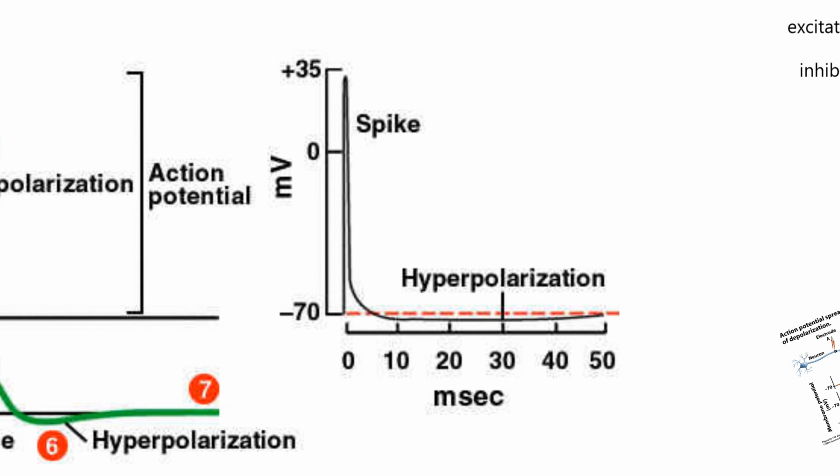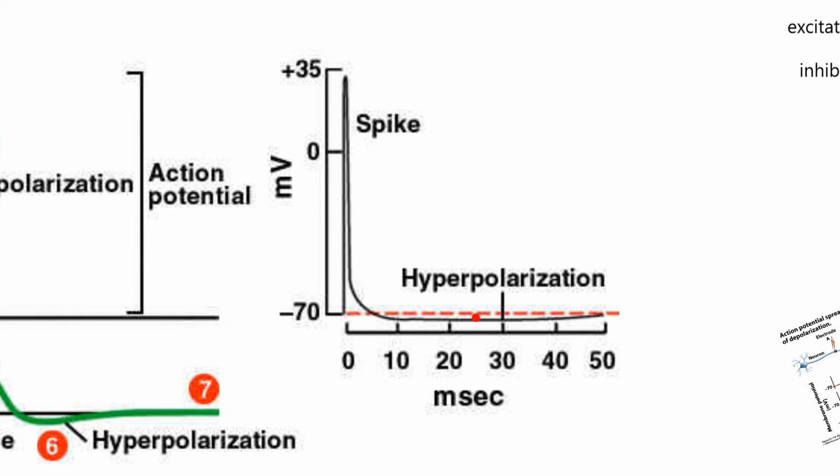hyperpolarization. Now here's the spike, that's the depolarization. It's just crunched up compared to what we had before. If the cell membrane goes below minus 70 millivolts and stays there, you remember the other diagram showed a little bit and then back up to resting. But if it stays there, that means this membrane is less likely to depolarize.